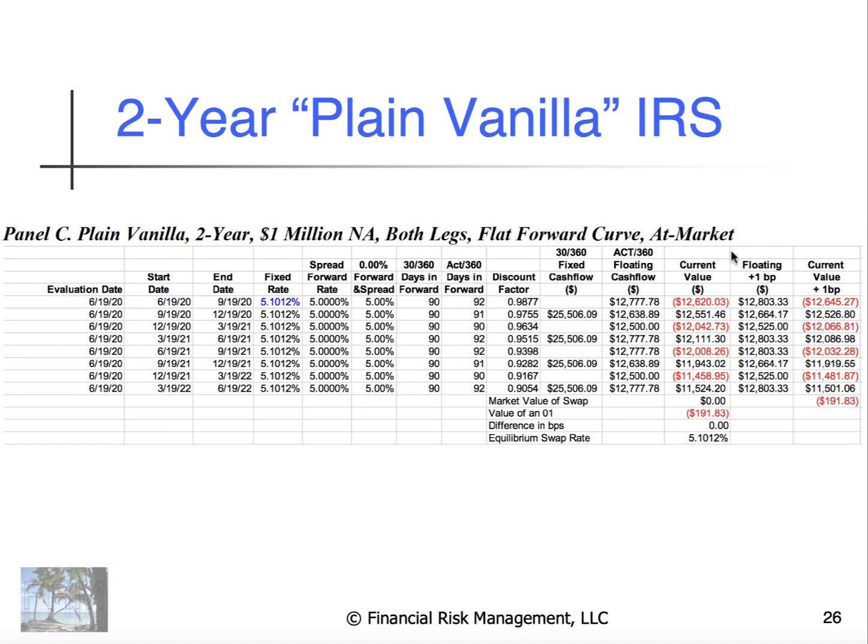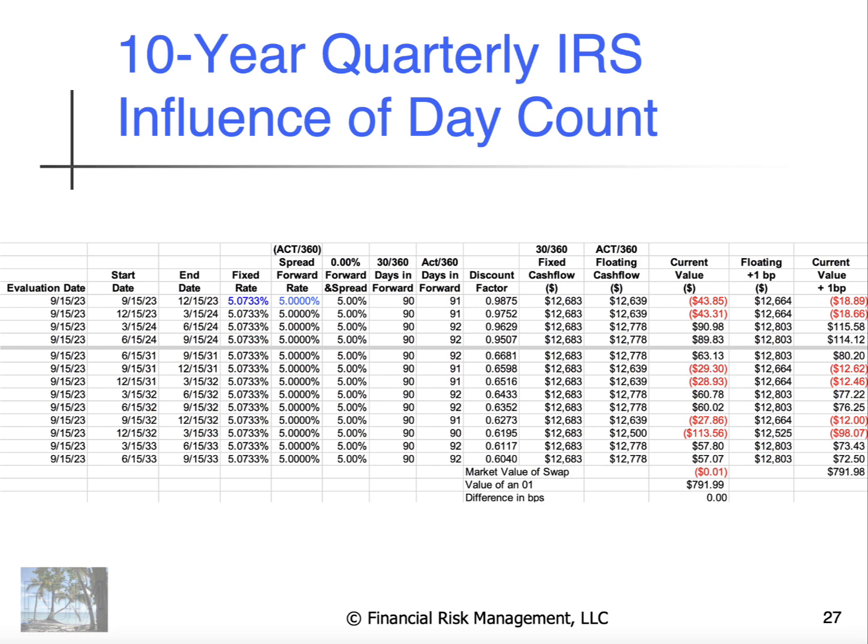For the 2-year plain vanilla, you'll notice the value of an O1 is approaching $200 in present value terms, so it's $191. And we again see that the equilibrium fixed rate is 10 basis points different than where the forward curve is, due to day counting and payment frequency. The last spreadsheet we'll look at is a 10-year deal, and the only difference is actual/360 versus 30/360.